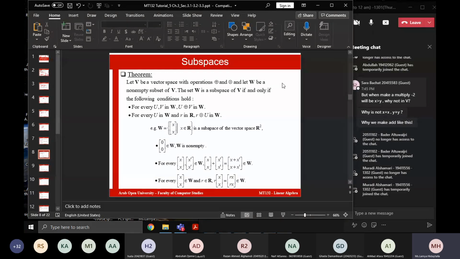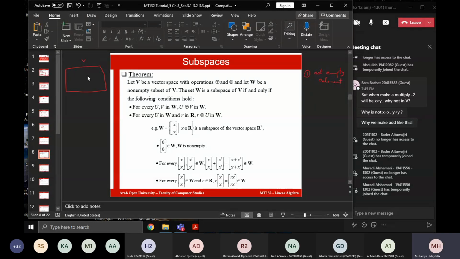It is enough to prove what? First, that the space is not empty. At least it has the 0 element. In that space, this is the vector space, and this is our W.